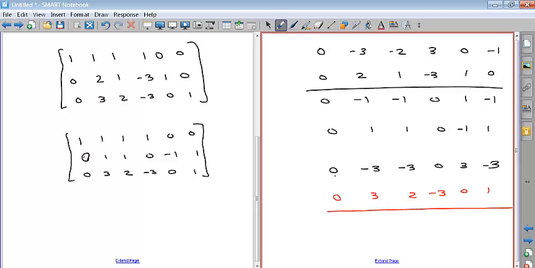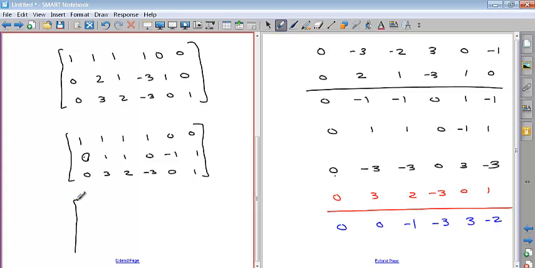And the result is 0, 0, negative 1, negative 3, 3, negative 2. So just adding these values together. So then I get 1, 1, 1, 1, 0, 0, 0, 1, 1, 0, negative 1, 1.